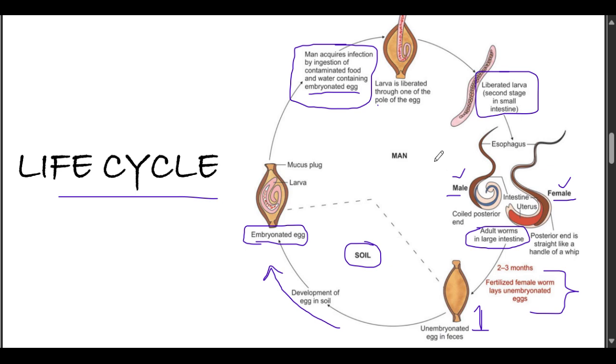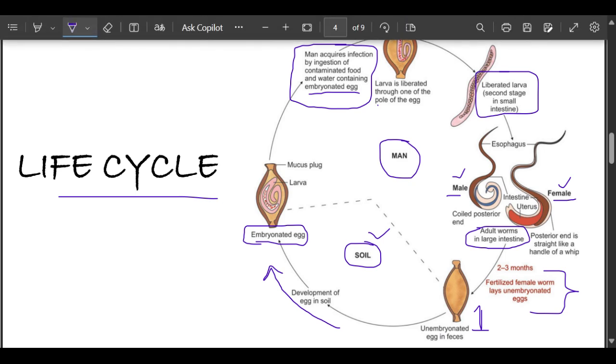So we have man here and we have soil here. In other words, we've talked about three key cardinal parts of the life cycle: the host, the infective form, the mode of transmission, and how that transmission actually occurs.